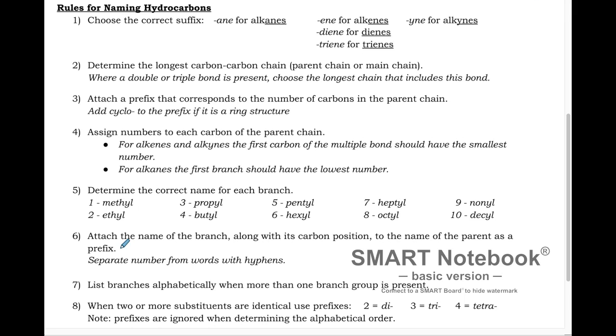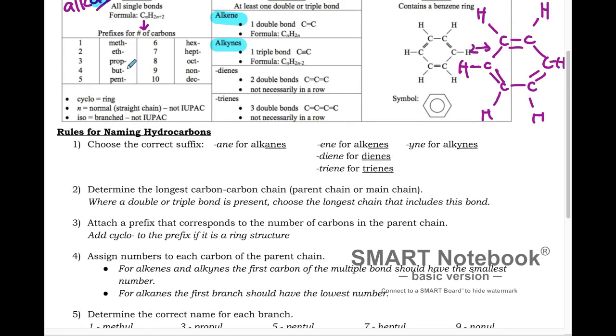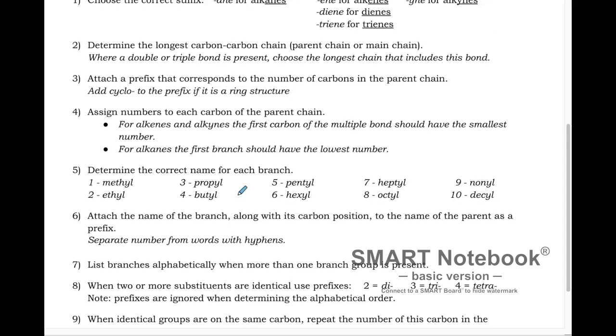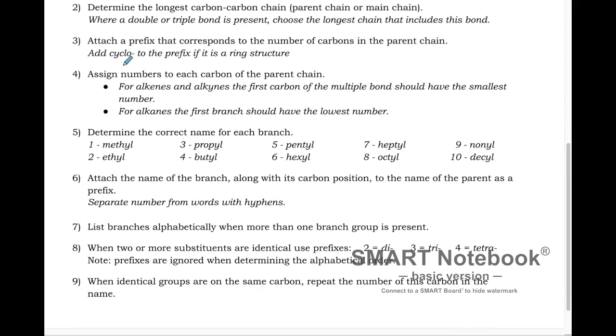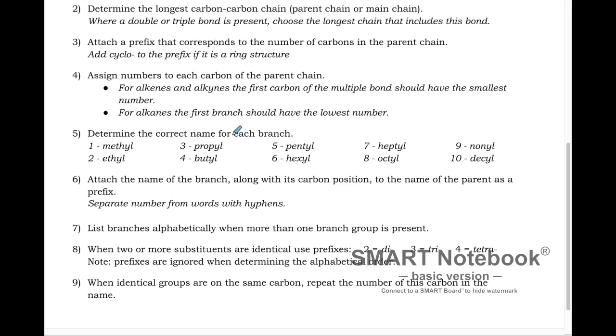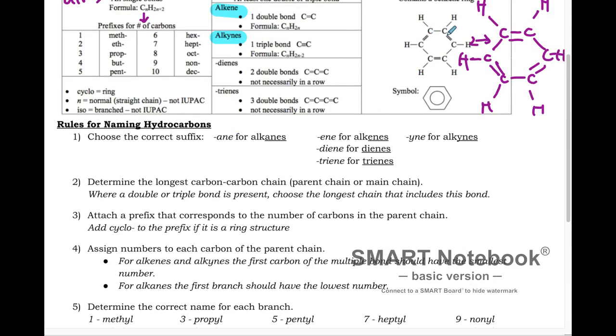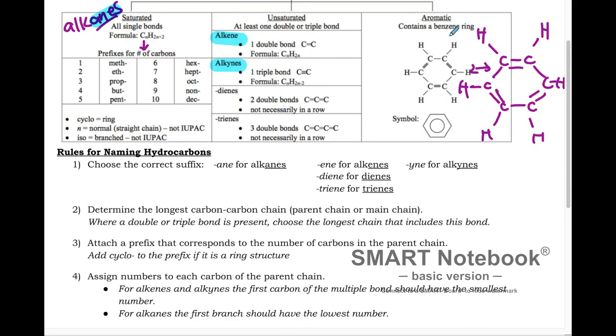The next rule is to attach a prefix that corresponds to the number of carbons. And remember, we already learned our prefixes based on the number of carbons. We have to add cyclo to the prefix if it is a ring structure. If it doesn't have that unique alternating double bond pattern in a ring, it's not going to be considered an aromatic or a benzene ring.